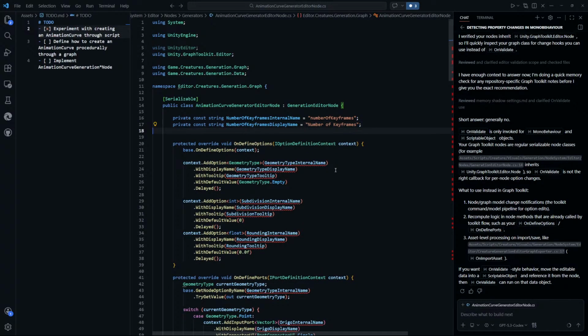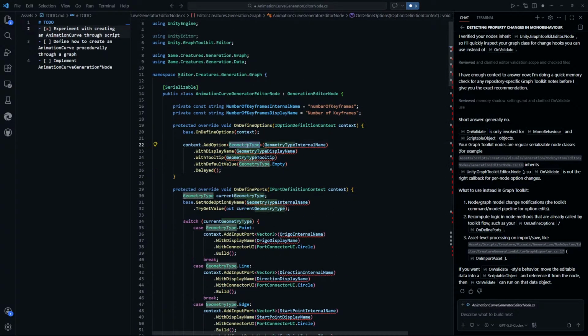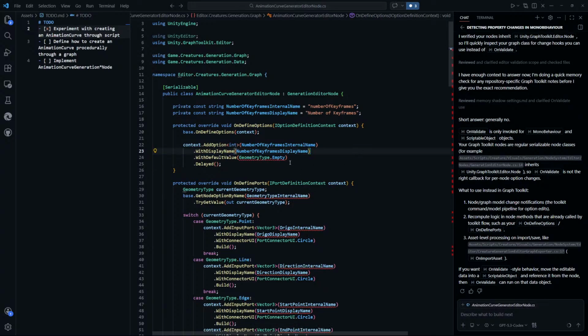Okay, we start with this one. On define options, we want to add an option here. It's going to be int. I don't care about the tooltip now.